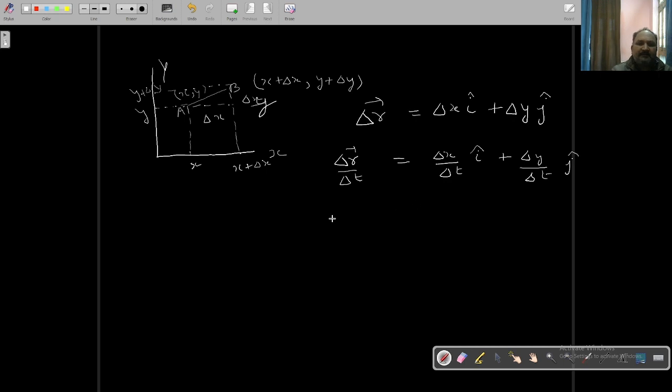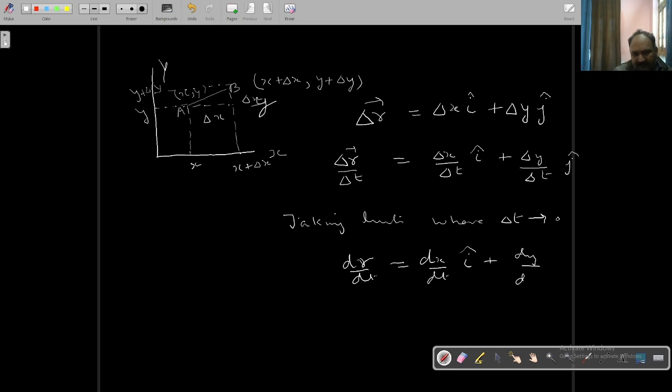Now taking limits where delta t is tending to 0, this will become dr by dt is equal to dx by dt i cap plus dy by dt j cap.